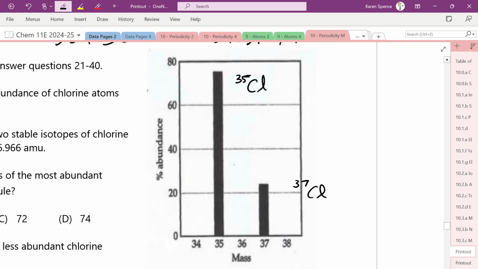So we could have 35 plus 35, which would give us 70. We would have 35 plus 37, 72. And we could have 37 plus 37, which gives us 74, which means there are 3 different possible masses for the diatomic molecule. Is that good? Okay, cool.